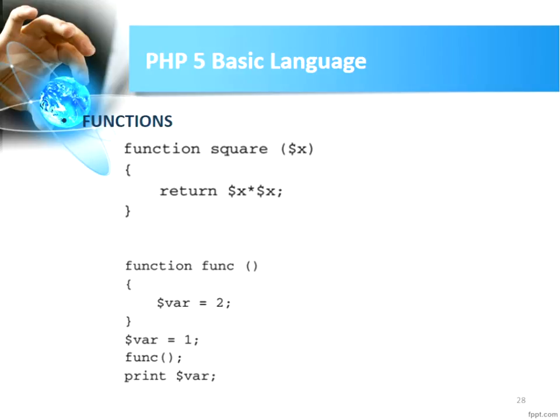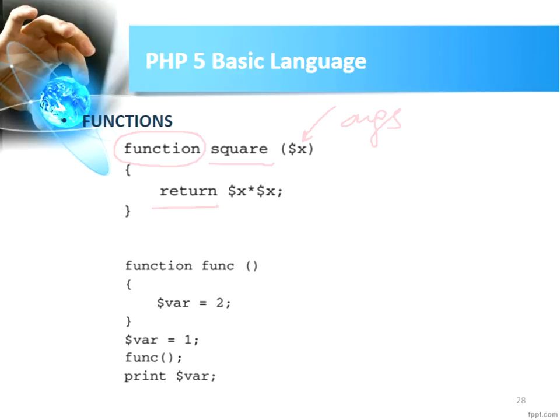Let's move now to functions. The question is, how can I create a function in the PHP language? To create a function in PHP, we use the keyword function, after that the name of the function, after that the arguments of this function.